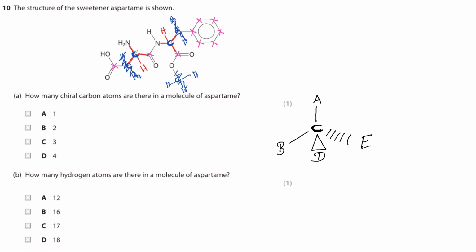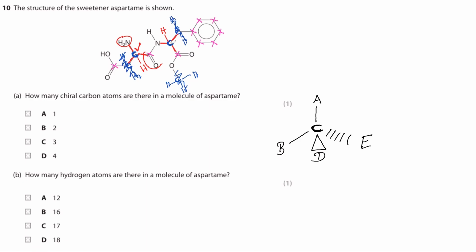Now let's see whether they are different from each other. If you look at them, you can clearly see that for this carbon there's an NH2 group, and this is a very long carbon group, and this is CH2COOH, a different group, and this is hydrogen. So this carbon atom has 4 different groups, so it is a chiral carbon.